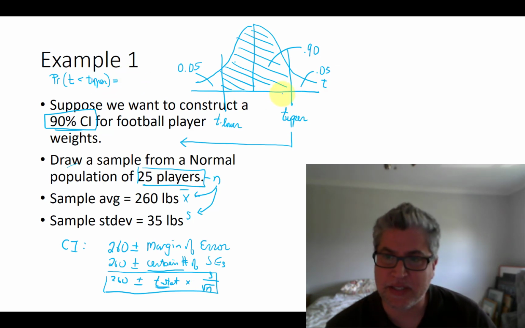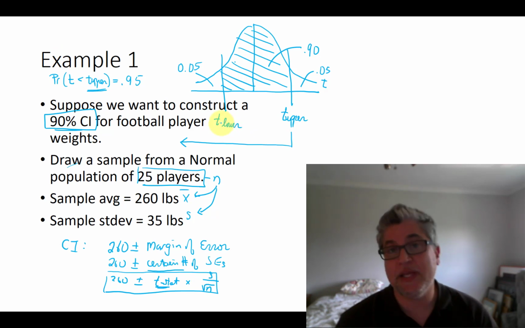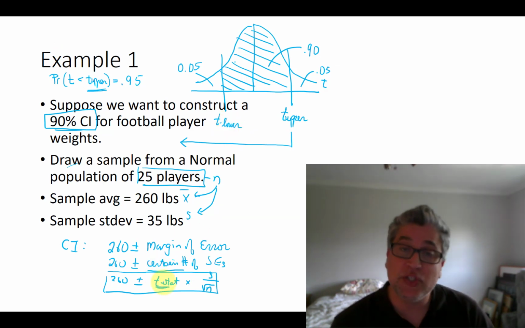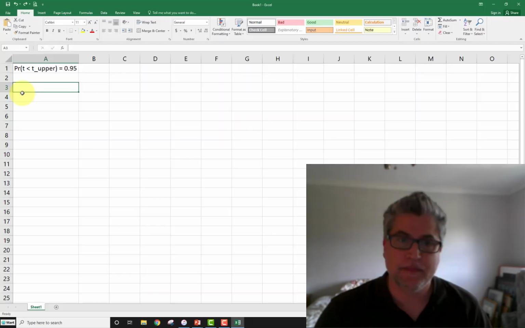And that probability is 90% plus the 5%. And if we want an inverse calculation, we tell it all this, and we ask it to give us this value. So we just need to do an inverse calculation on a t in Excel to give us t upper. That'll immediately tell us t lower, and we can just plug that into our formula. Let's switch over to Excel now and calculate t upper.